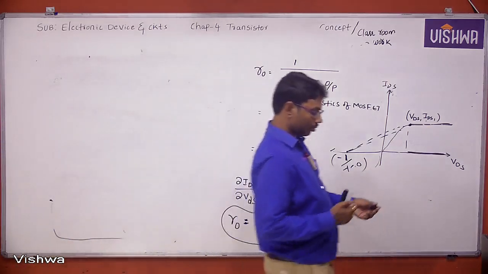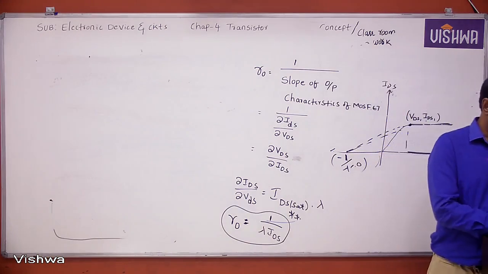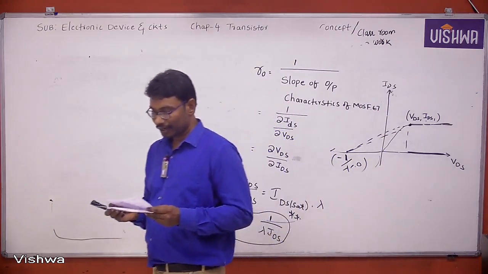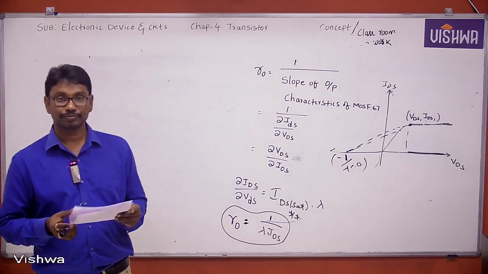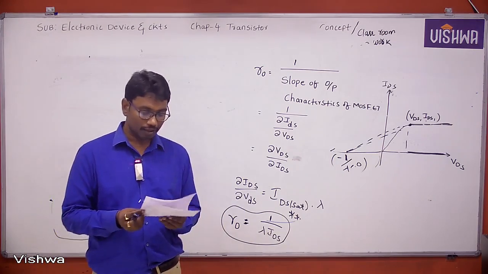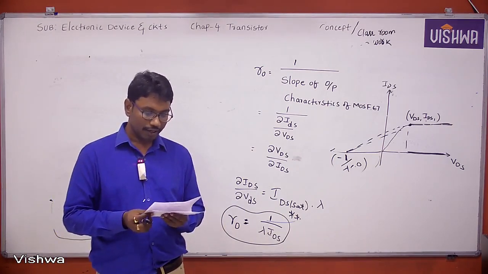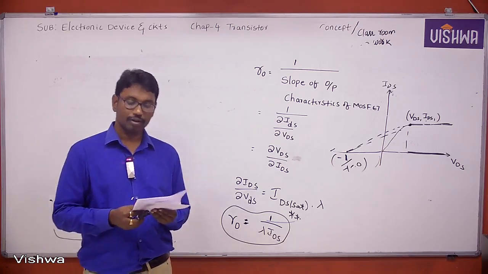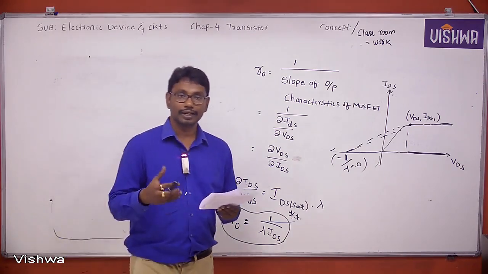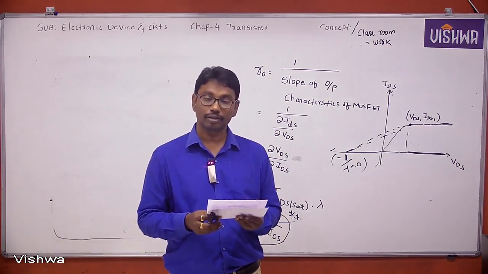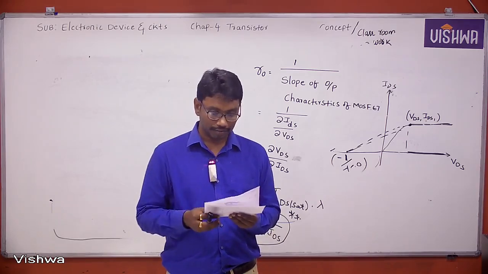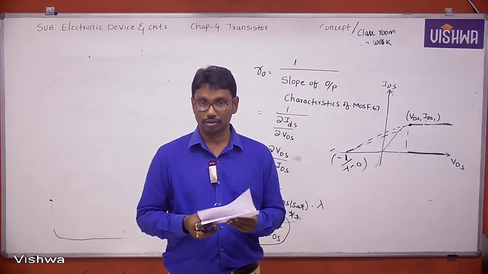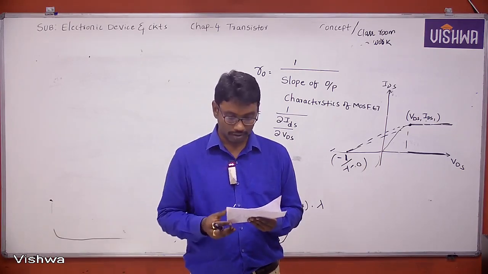Write down a question. One problem. A MOSFET in saturation region has a drain current of 1 milliampere for VDS equal to 0.5 volts.